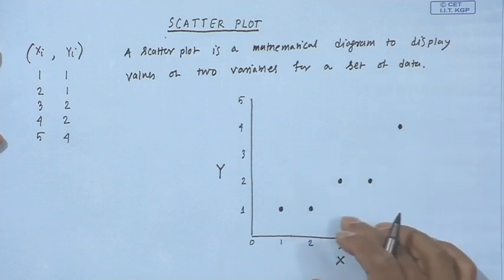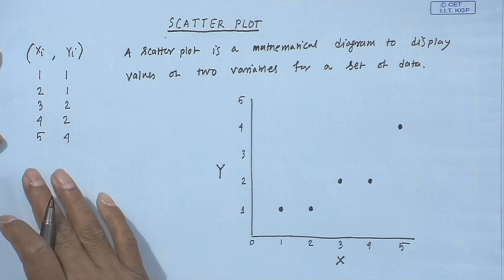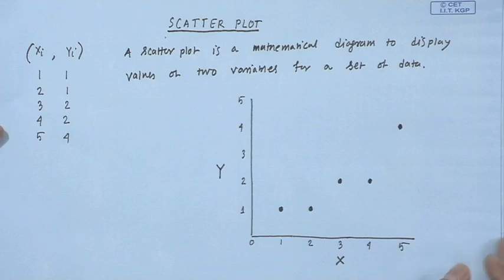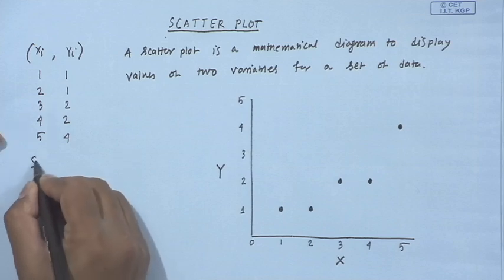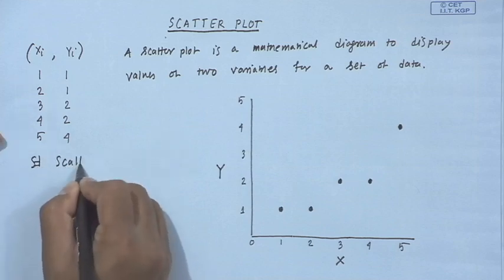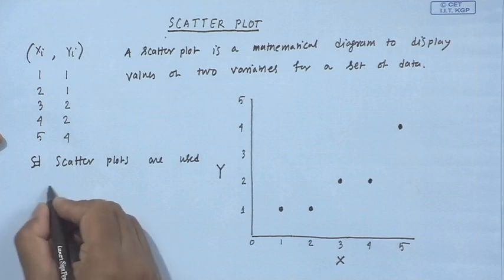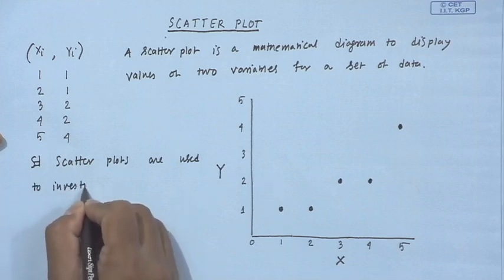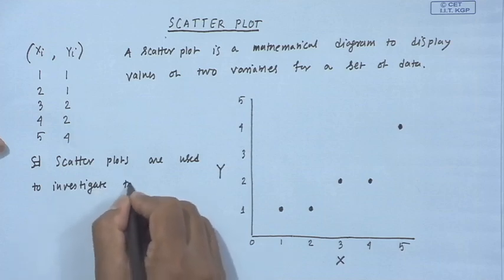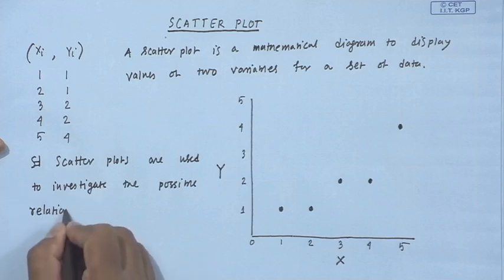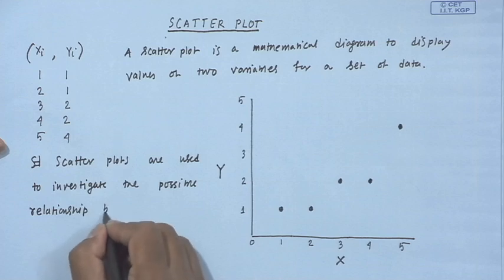So, this is the scatter plot corresponding to the data for the Disney toy problem, and these scatter plots are used to investigate the possible relationship between the variables.